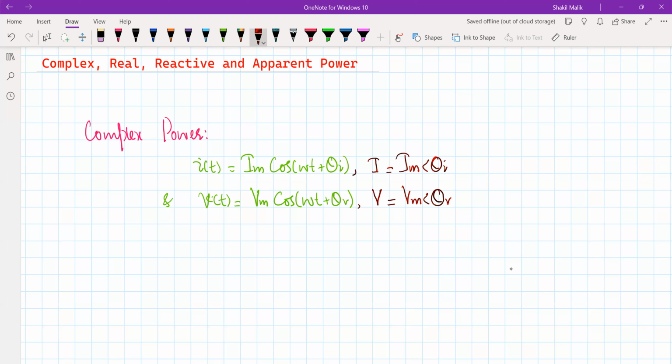Of which we want to calculate this complex power. This capital I is the current phasor and capital V is the voltage phasor.